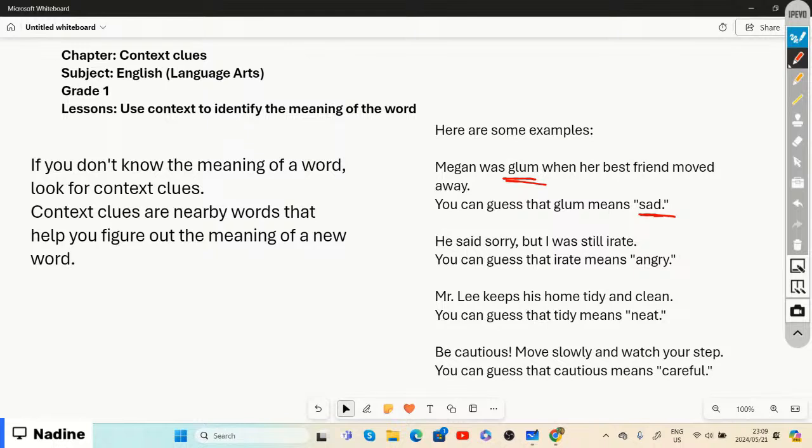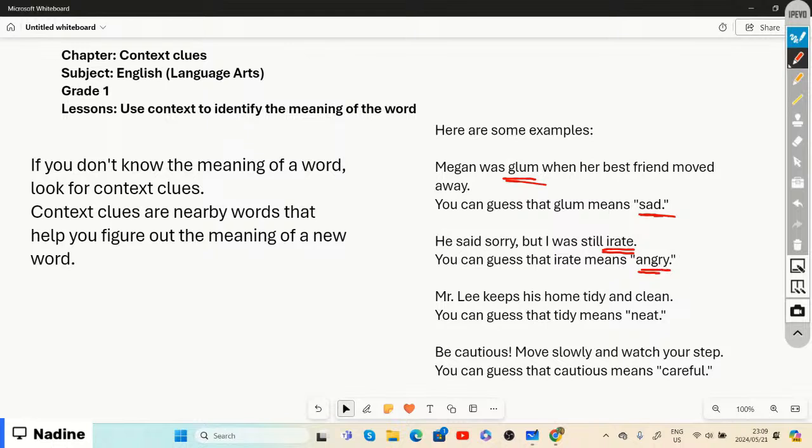Another example is: he said sorry, but I was so irate. Irate. Sometimes when we are too irate, even if somebody says sorry, we don't want to hear it at all. So irate can also mean angry.